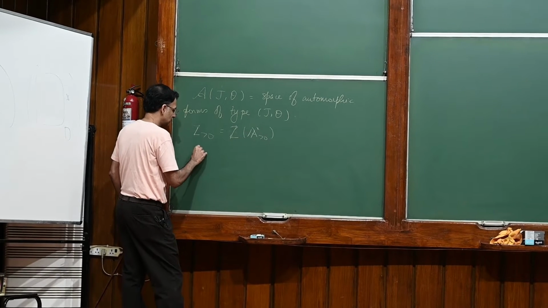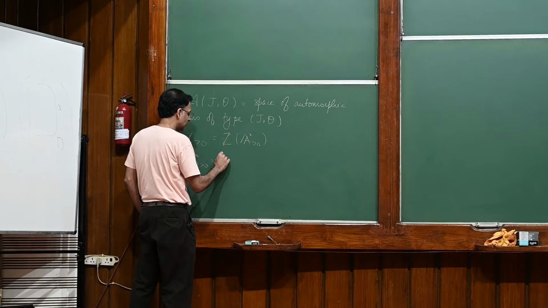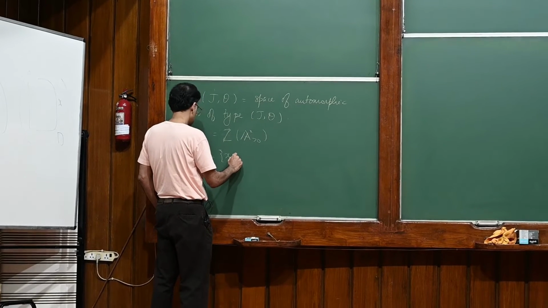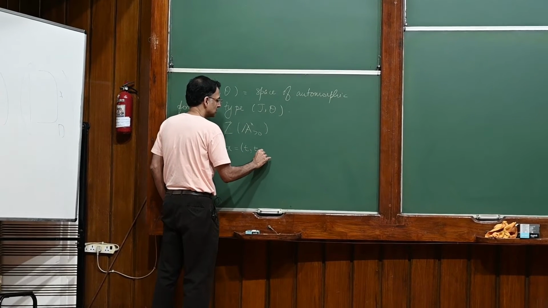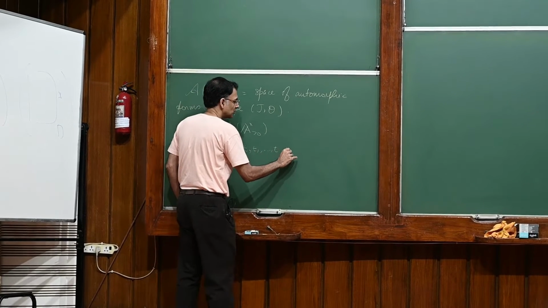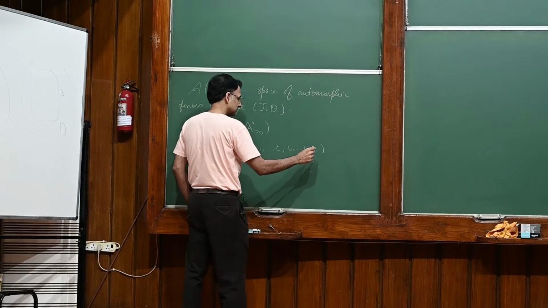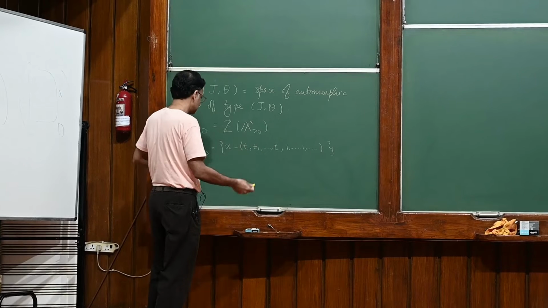So this consists of all things of the form, an Adele, that will look like T, T, 3, and then 1. All such things, so X in the Adeles.